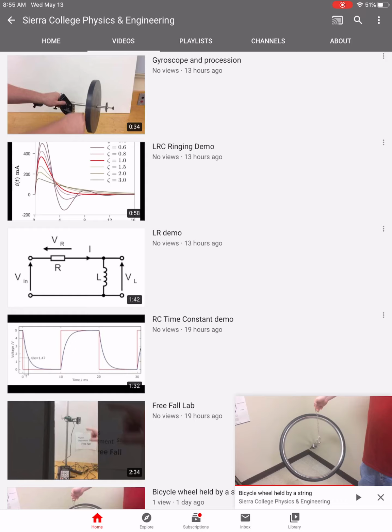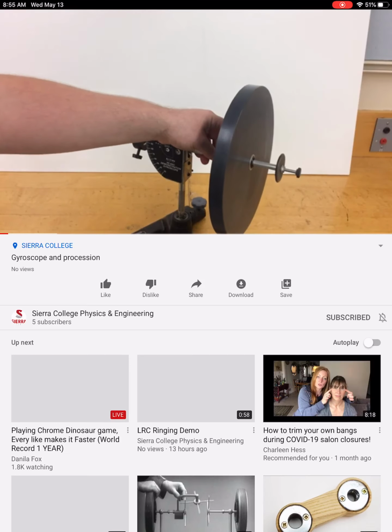Here's an actual gyroscope, and it's a little bit more complicated, and we have some control of it, but we can watch it precess, and we can also look at secondary precession effects, which have to do with additional torques acting on the system from the location of the masses distributed along its axle. So we're not going to go into that too much, but I still think it's cool to see.